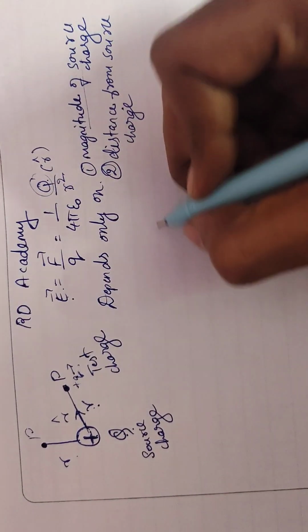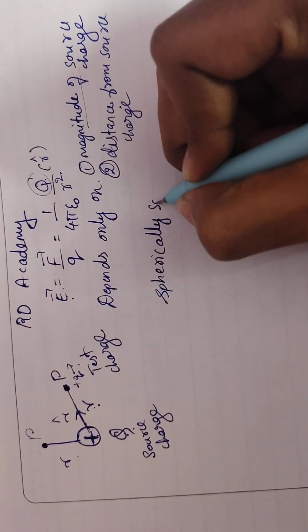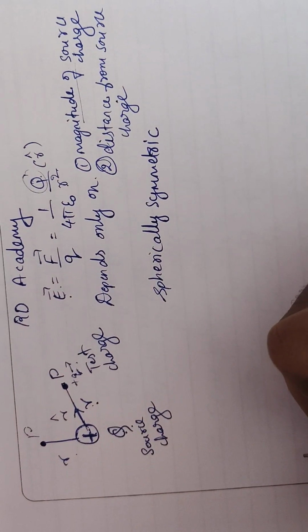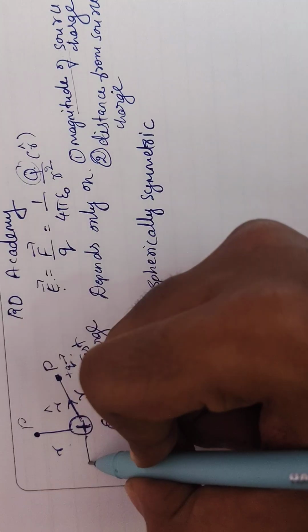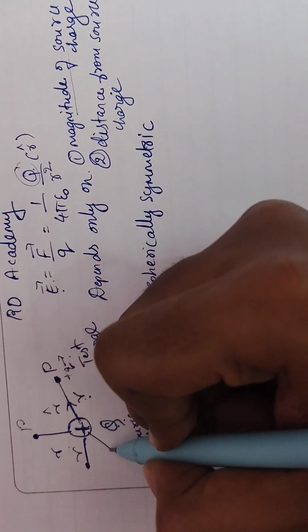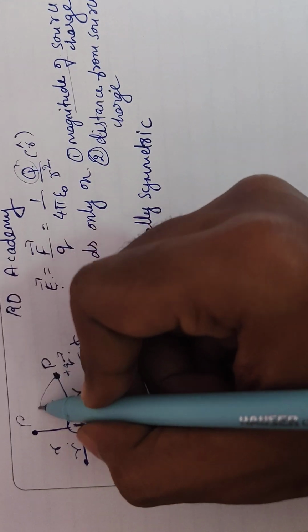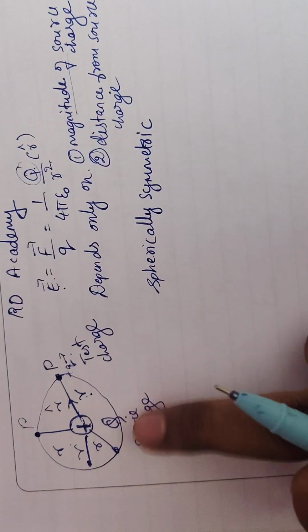Okay, so this special property is known as spherically symmetric. You should say that electric field is spherically symmetric in nature. Why? Now if I consider different points like this, all these points at the same distance r from the test charge, what happens if you join them in a two-dimensional plane? On this paper it is a circle.